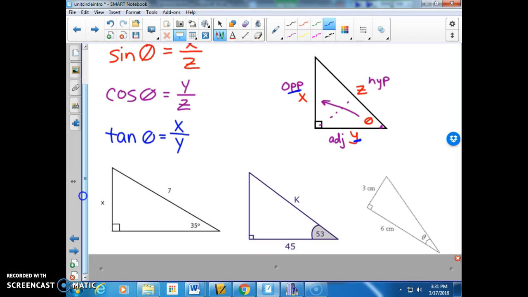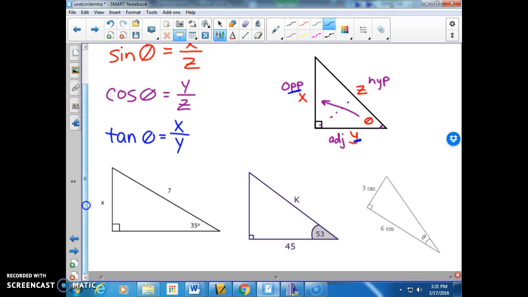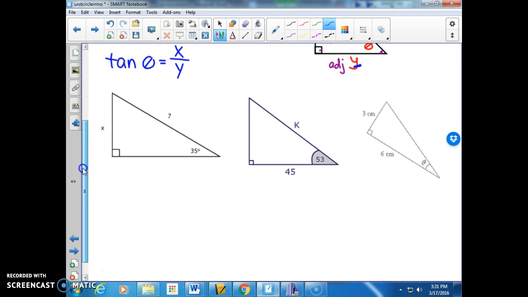So you might remember this from geometry, you might not. So if I raise this up, I have 7, x, and 35. I always want to start by circling the angle, or my theta, and then I'm going to label. Across from the 35, which is my opposite, is x.